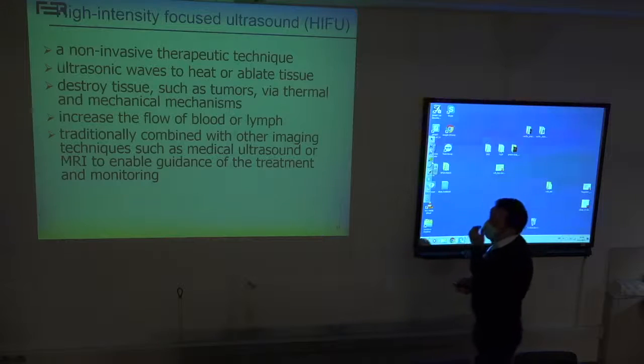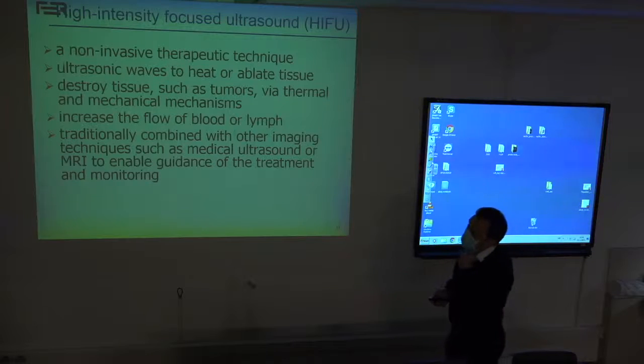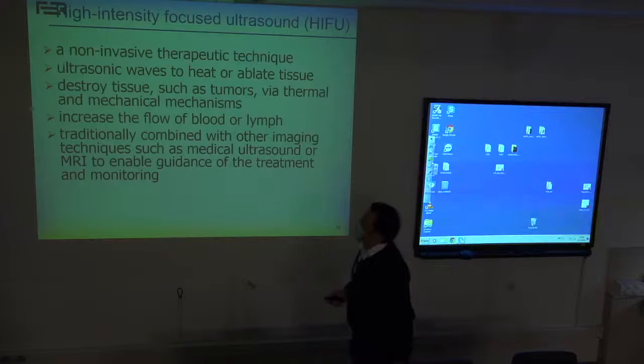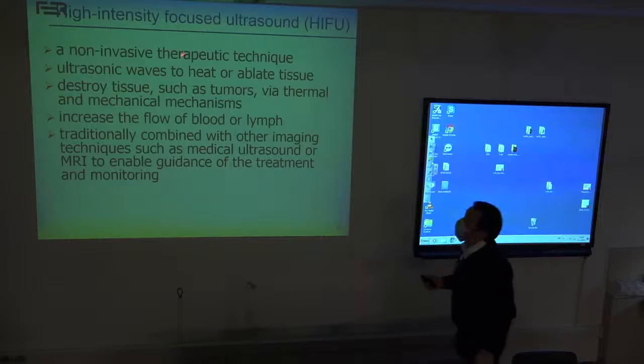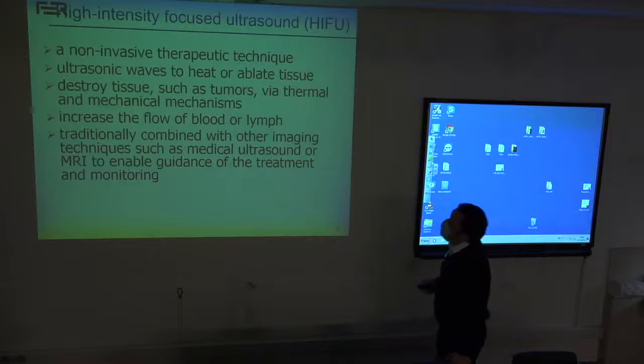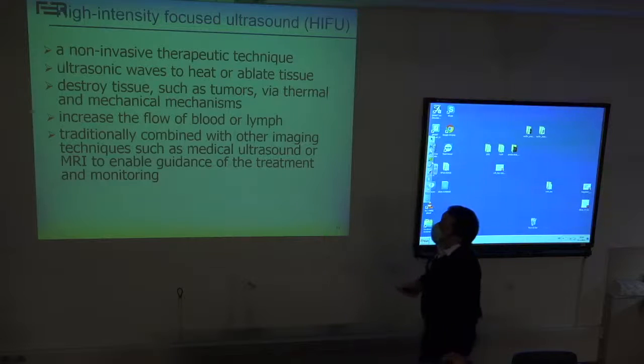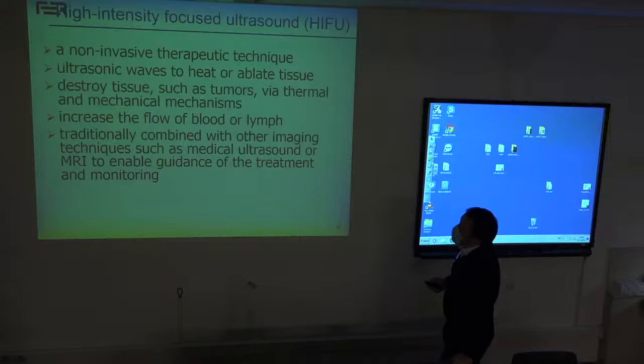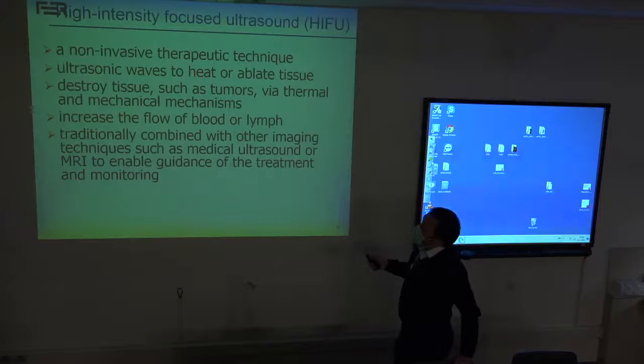Something that came as a new methodology relatively lately is the so-called high-intensity focused ultrasound. The Americans, they like to make abbreviations for everything. So let me see, what's the destruction mechanism here. You heat or you ablate the tissue. So that's another principle.